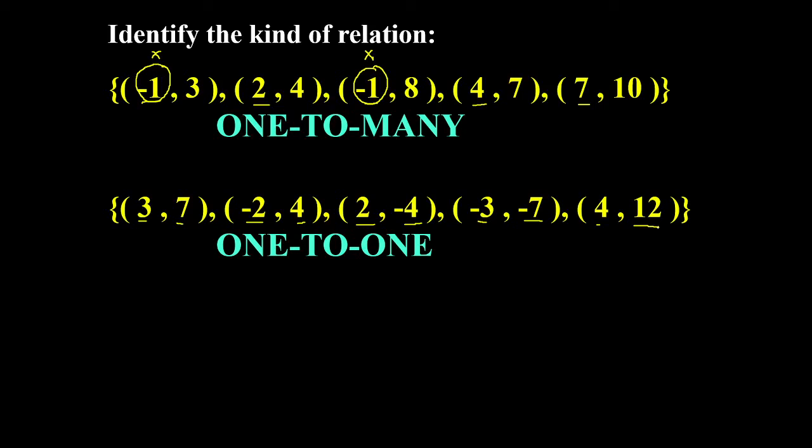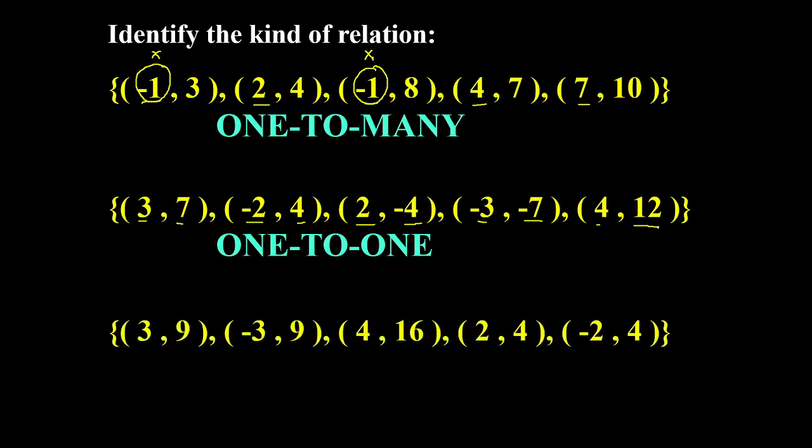Okay, next. For sure, this is many to 1. Let's examine if this is really many to 1. Now, look at the domain: 3, negative 3, 4, 2, negative 2. No repetition.